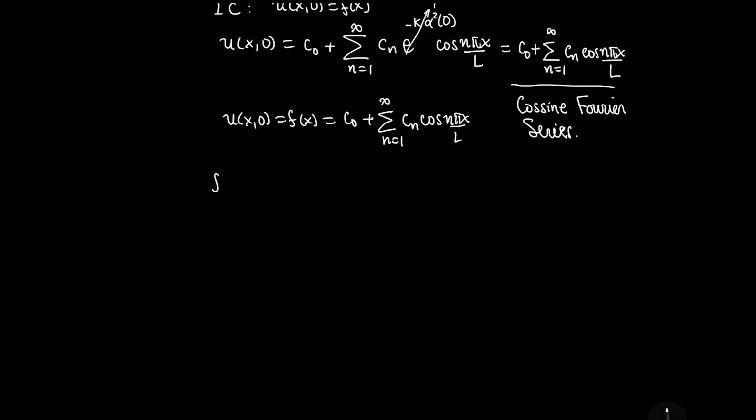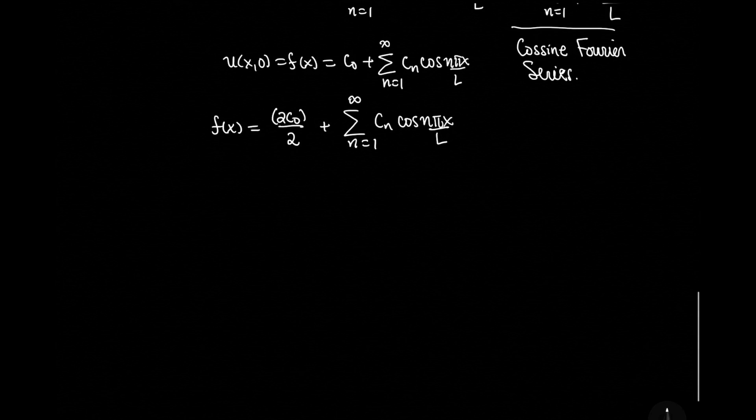Then I can just bring it to the form of cosine Fourier series, which is you have a number here over 2, that's the form, plus the sum from 1 until infinity Cn cos n pi x over L. Then from here, whatever the coefficient is here is just 2 C naught, that is, according to the formulas, 2 over L, integral 0 until L, f(x) dx.